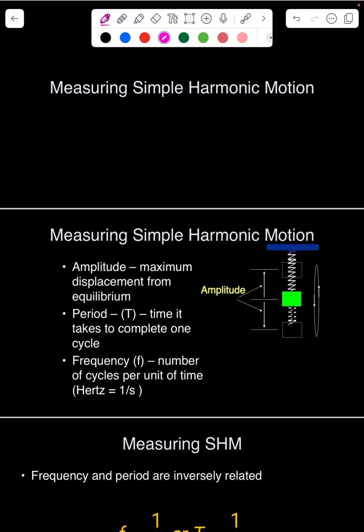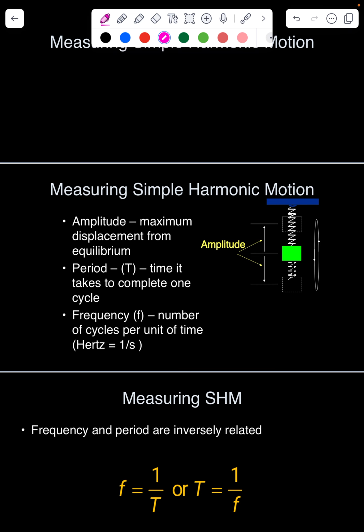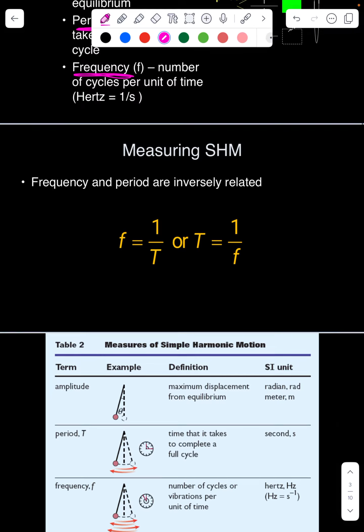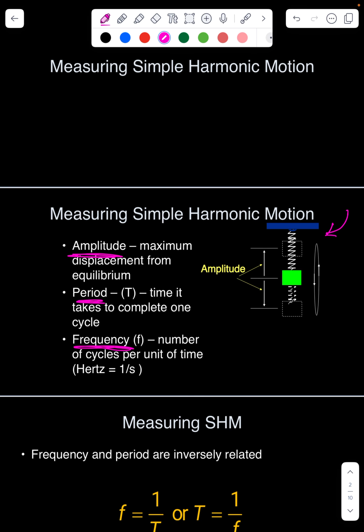We're going to look at a mass on a spring system first, and how these three things, amplitude, period, and frequency, look on it. Then we'll look at a simple pendulum in just a second. This is basic vocab that applies to both of them.